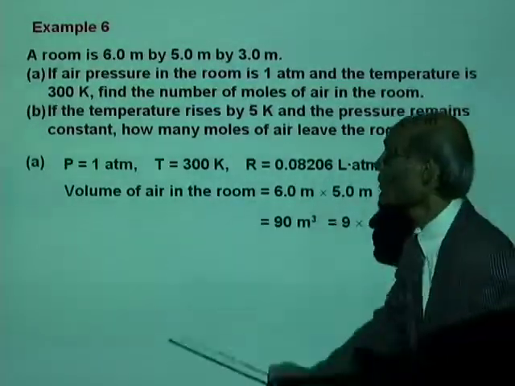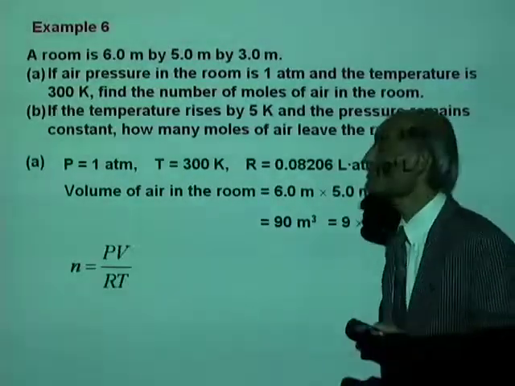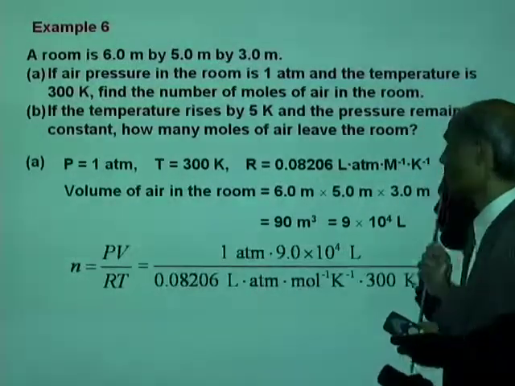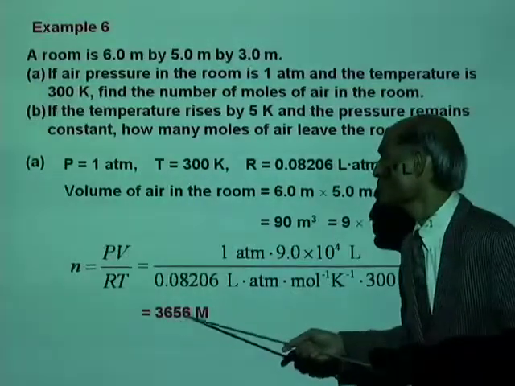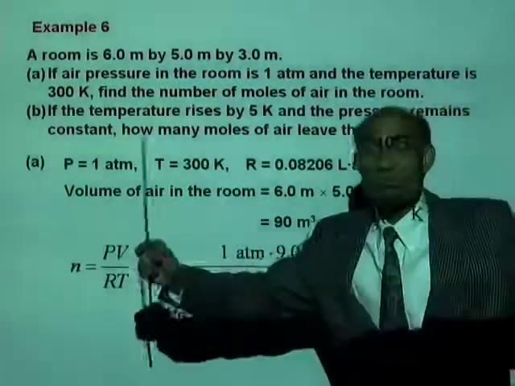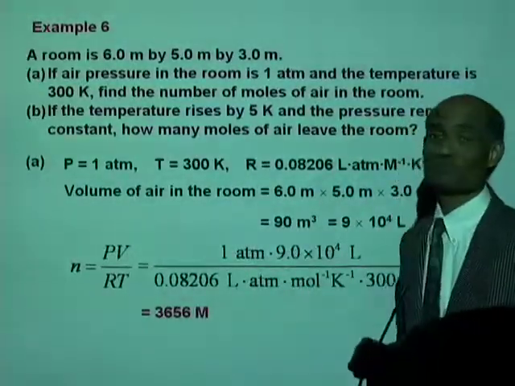Now once you have all these values, n equals PV over RT. So put in all these values as before, and we get the number of moles as 3,656 moles. You got so many moles of air in the room at that temperature.